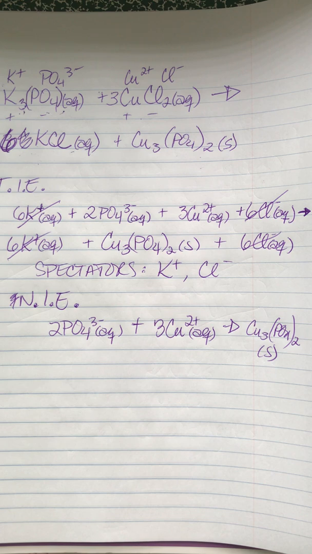What are the spectators in this? So you would need to be able to identify the spectator ions. In order to do that, you need to know how to do the TIE and the NIE. So you still need to know how to do the whole process, but you're maybe not having to give me all of the steps. Does that make sense?